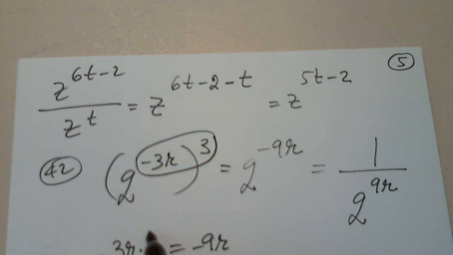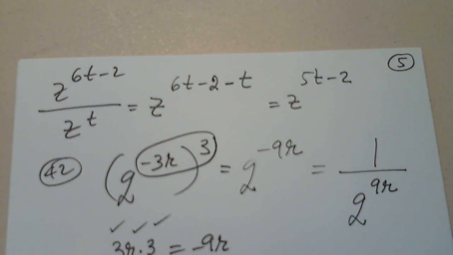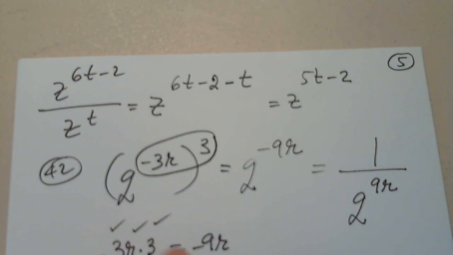We're not distributing. The distributive law would have been something like this. Then I would have distributed. But this is a factor, factor, factor. So I simply apply the associative and the commutative laws. So I rearrange. -3 times 3 is -9 times r.